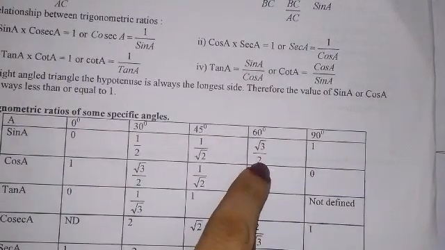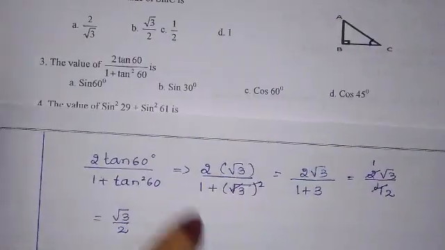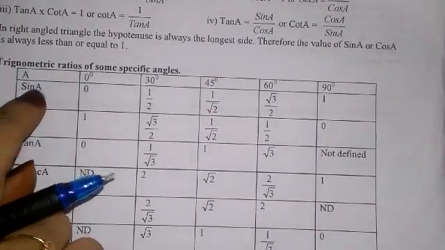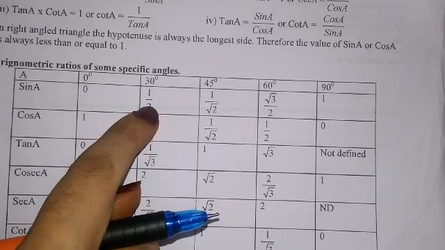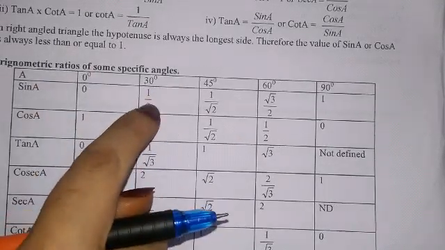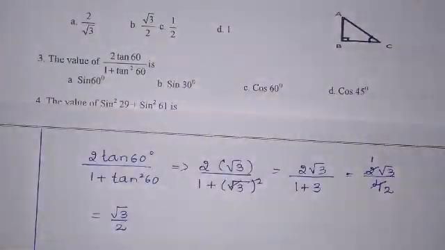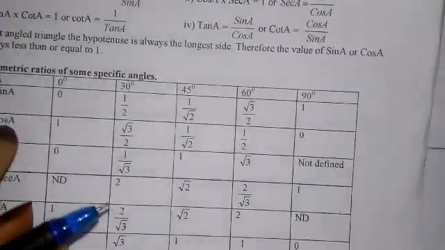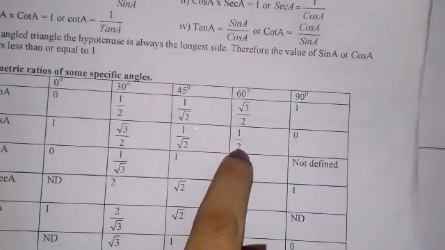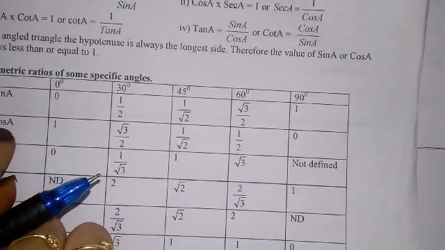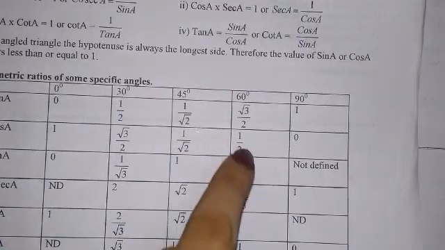Sin 60 is root 3 by 2. Let us see sin 30. Sin 30 is 1 by 2, it cannot be. So the answer is sin 60, correct? Okay, let us see cos 60. Cos 60 is also 1 by 2, it cannot be. We can see in the table cos 60 is 1 by 2.